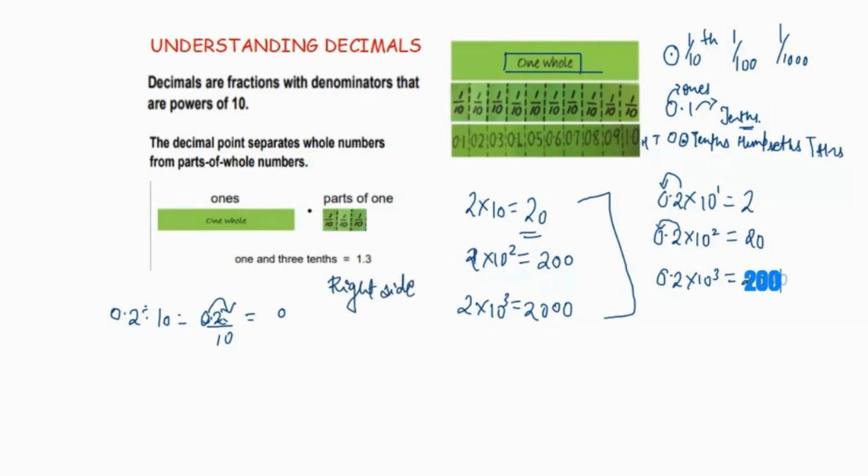Let us solve it. When I replace the decimal, it becomes 2 upon 100, which is 0.02. And if I take 0.2 divided by 10 to the power 2, it will give me 0.002. I hope you have understood the decimals till here, and the rest we will cover in the next part of the video. Thank you.